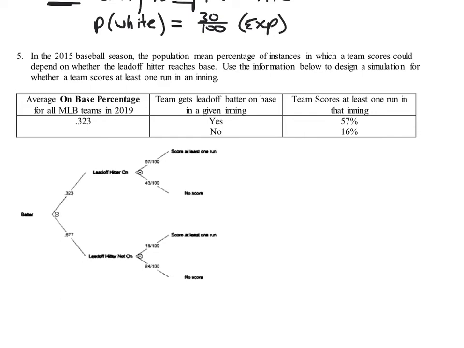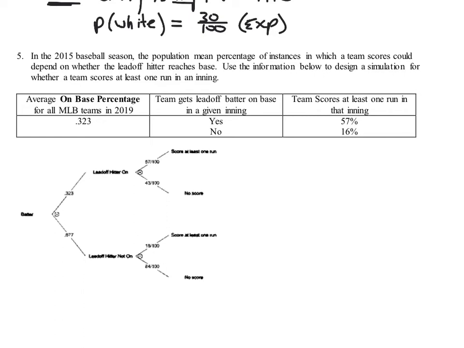I feel like they were talking to Sandy Alderson, who was the general manager of the Mets at the time. In the conversation, this statistic came up: if the leadoff man gets on, statistically, they collected the data, 57% of the time that team will score at least one run in the inning.